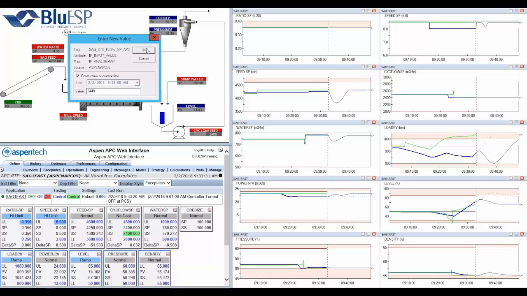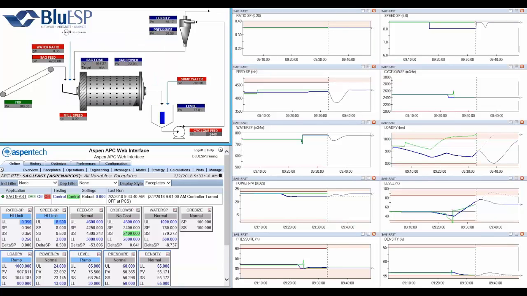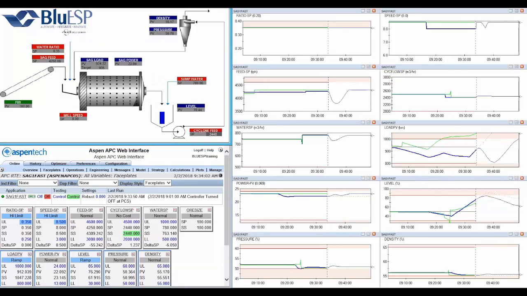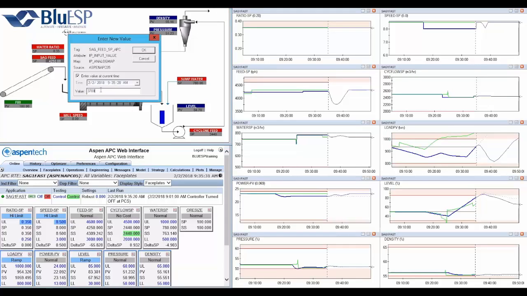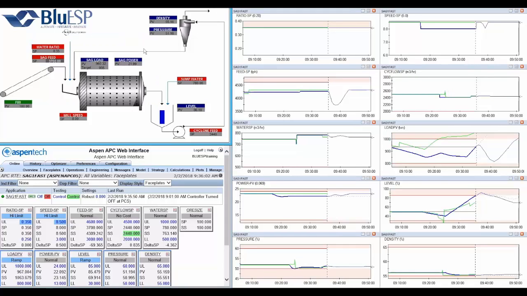The actions to the cyclone feed pump and discharge sump water were too big, and now the sump level is increasing. The operator increases the cyclone feed pump flow set point. The mill load is also increasing too fast because the actions were too big. The operator cuts the mill feed tonnage.